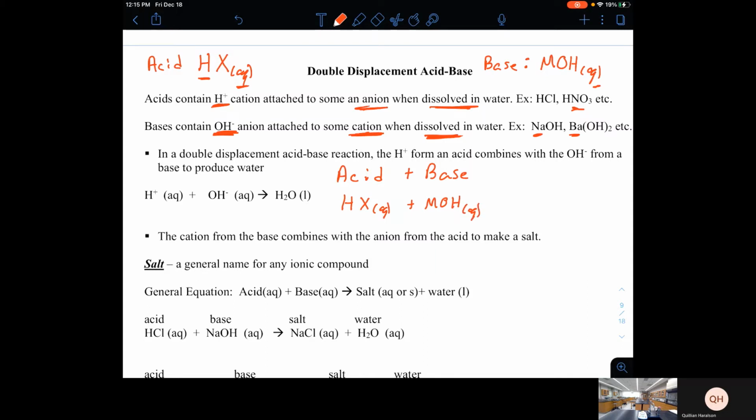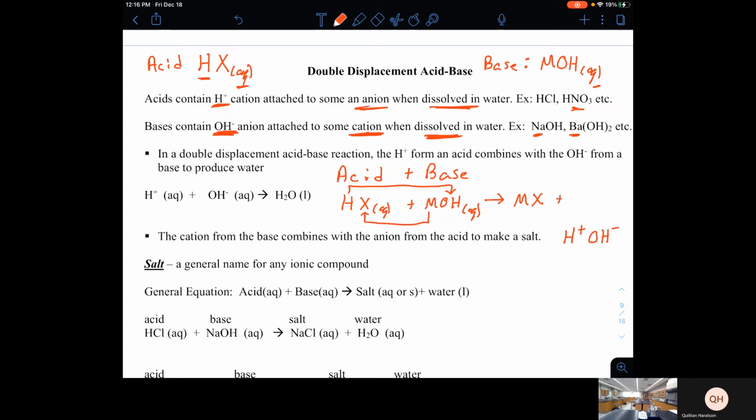And then what we said in this case is that the H is going to do the do-si-do and switch partners, and it's going to go off with hydroxide. The metal is going to go off with, in this case, the X. So when I write the actual products, remember, metals always come first. So here goes my metal, and here goes now it paired up with X. And then we're also going to end up getting, in this case, H plus with OH minus.